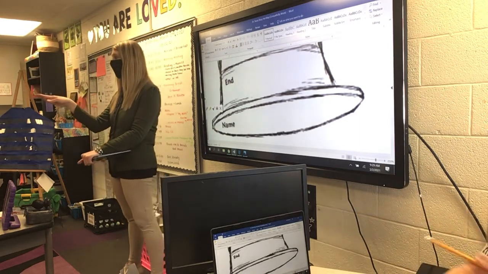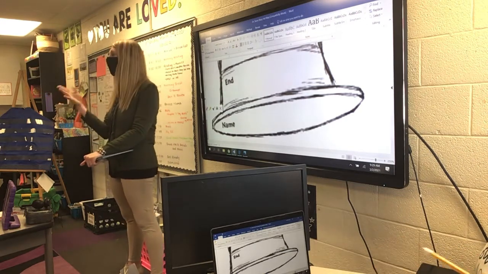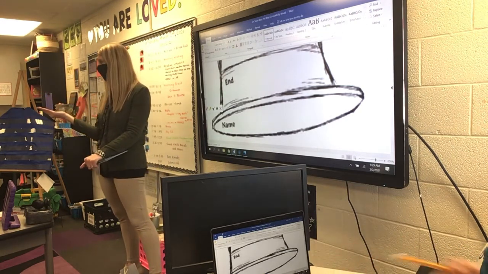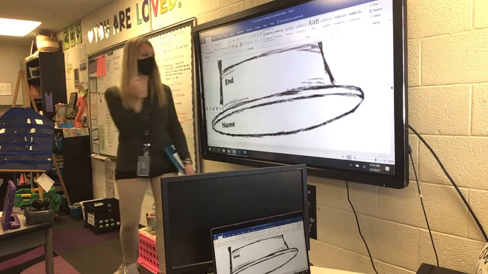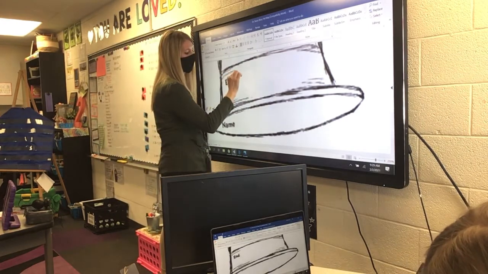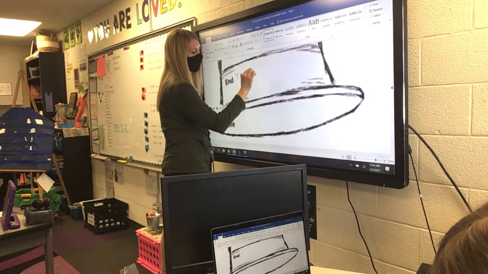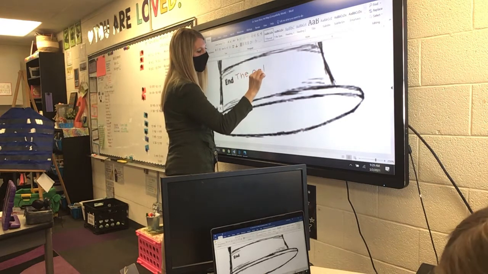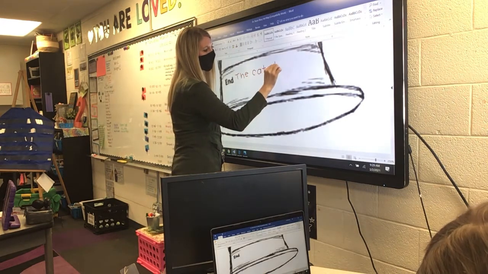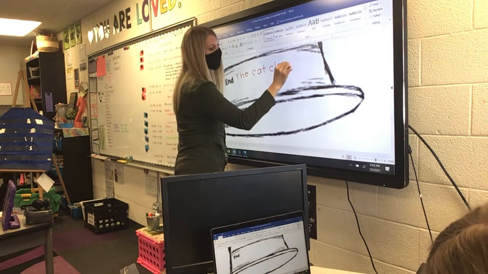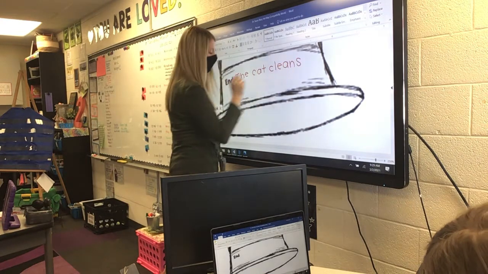So we can say at the end, Mom who comes cleans up the mess? The cat in the hat cleans up the mess. I said he comes and cleans up the mess. Perfect.